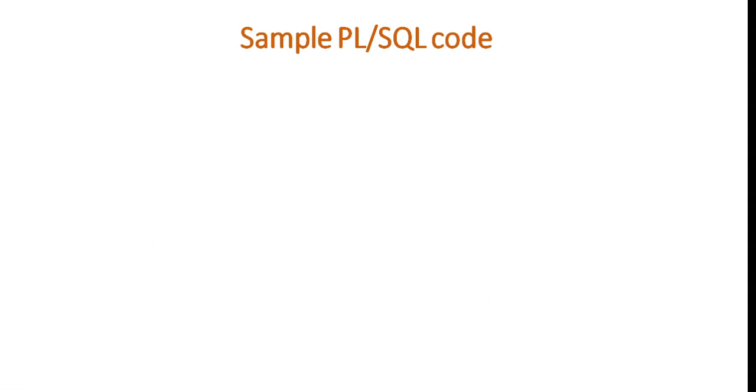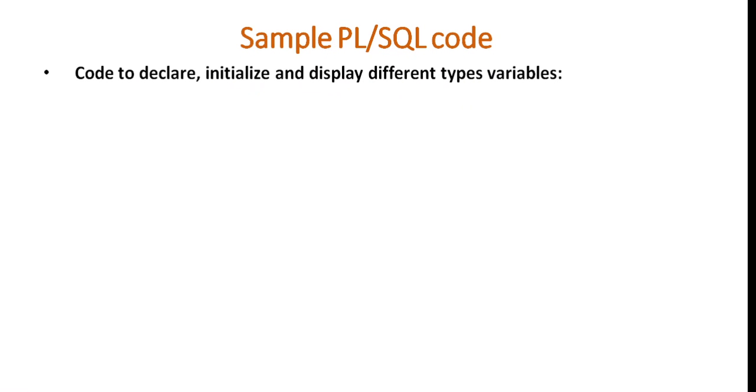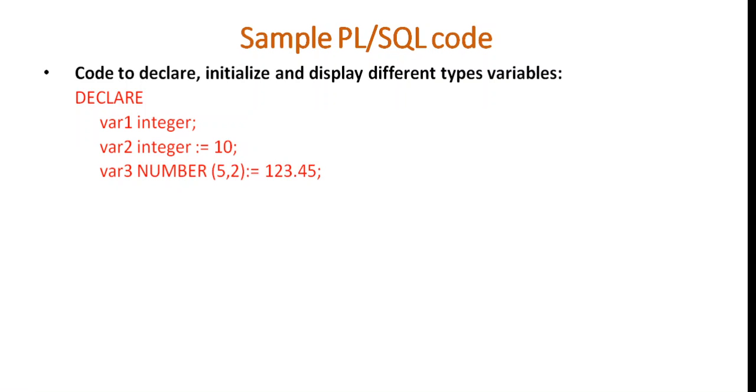Now we'll see some sample PL/SQL code blocks. First is code to declare, initialize and display different types of variables. Here in the declare section we have variable 1, which is of integer type and is not initialized. Then we have variable 2, again of integer type, initialized with value 10. We have variable 3, which is of number type and has a constraint, or size, of 5 comma 2.